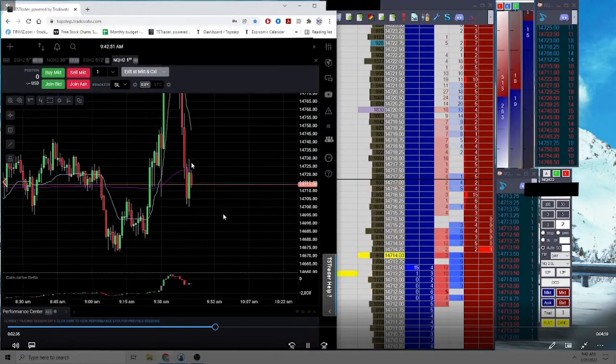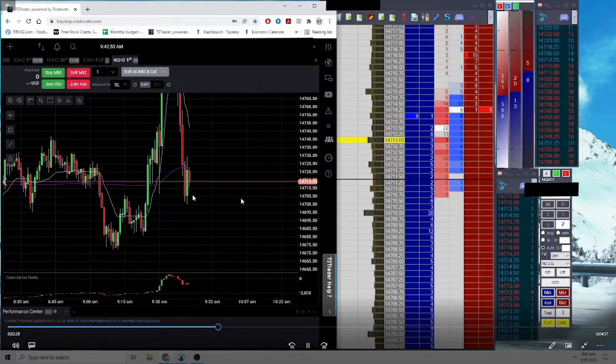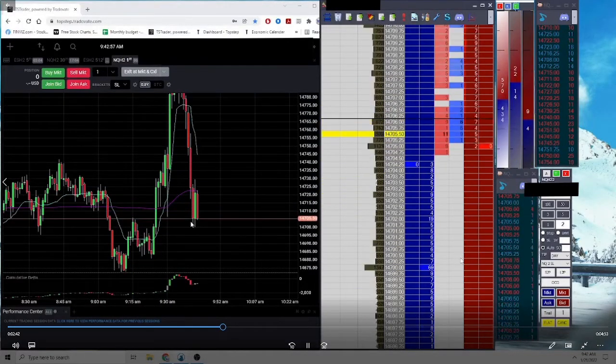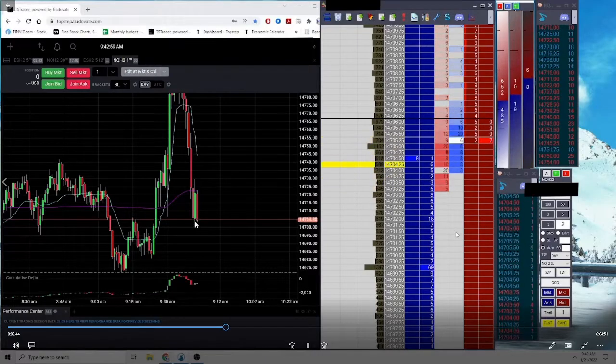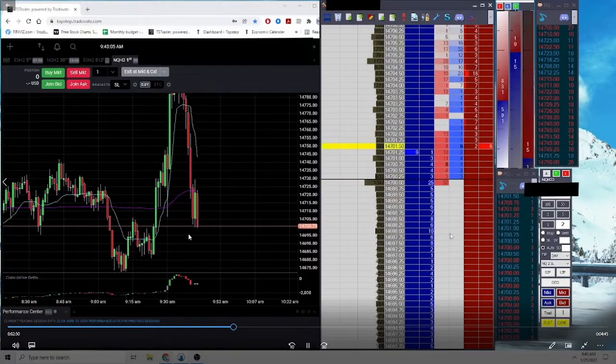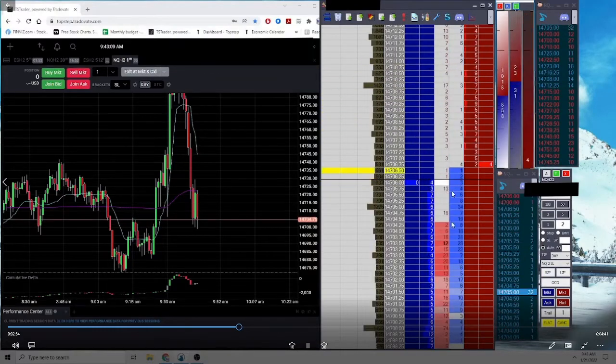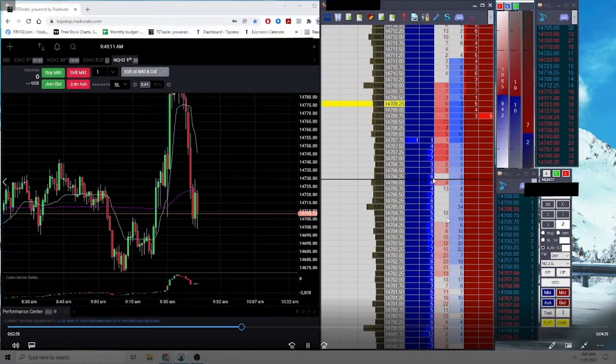And what happens? Sellers push it back down. Yep. So if I held on, trying to hold for a bigger move right there, I would have given up all my profits. And now psychologically, that pisses you off. Pissed off trading doesn't work.